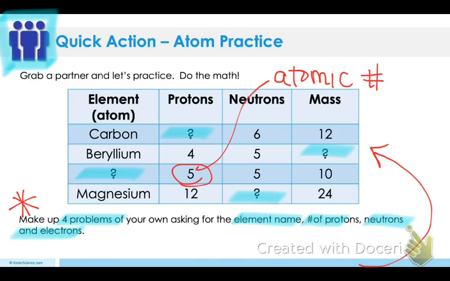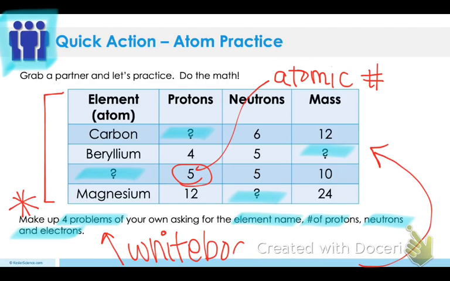You're going to create this table on the whiteboards, so make sure that you create it at least big enough for people to see while they're sitting at their tables. Once you are done, we're going to have other people solve it at the end of class. So again, this should all be copied down in your notes, and then the 4 problems on your own should be created on the whiteboard.